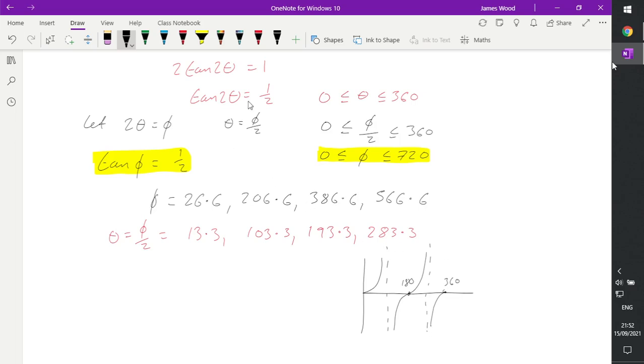If it's tan 2θ, that means it's been squashed horizontally by 2. So instead of having a period of 180, it would have a period of 90. It would be twice as frequent. So rather than adding on 180 each time, you would add on 90 each time, and you could find your multiple solutions that way. That is an alternative method that might be quicker sometimes.